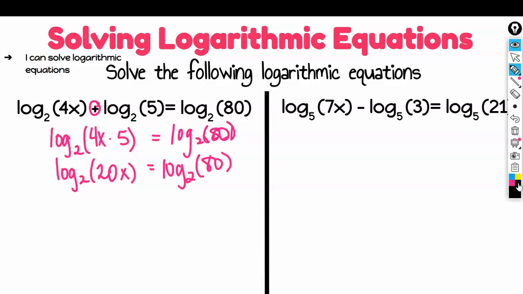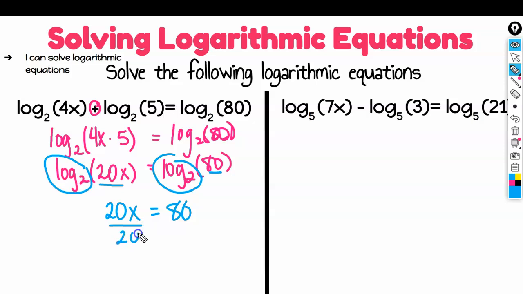Now, I notice when I'm looking at these two that they both have a log with a 2. So if I really want them to be equal, I want the arguments to be equal. I want to see what x is going to be so that 20 times x equals 80. I want these to be the same. So let's solve for x.